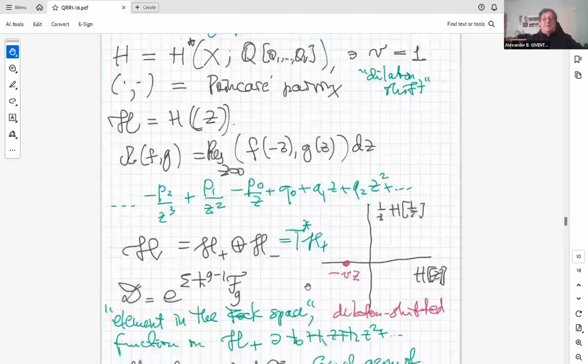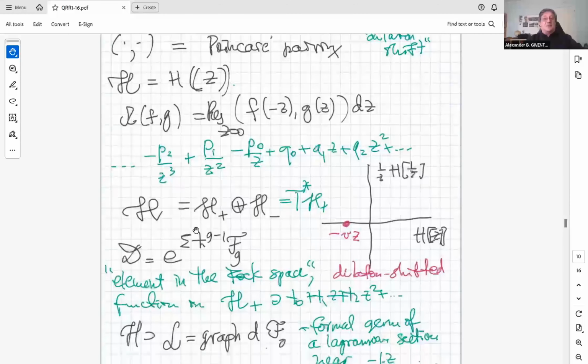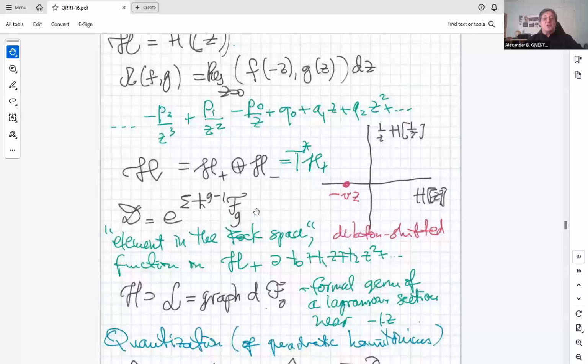Okay, so therefore we have this generating function considered as an element of the Fock space, which is a quantization of the symplectic space. In genus 0, if we're concerned only with F naught, the genus 0 theory, then we should take the quasi-classical limit, and the symplectic geometric datum that corresponds to it is the graph of the differential of the function F naught, which is a section of this cotangent bundle, or a formal germ of a section near this dilaton shift.